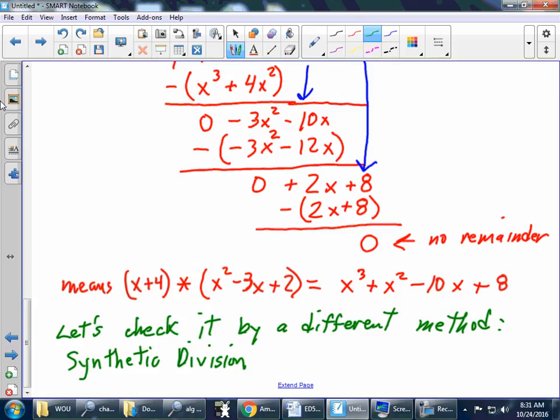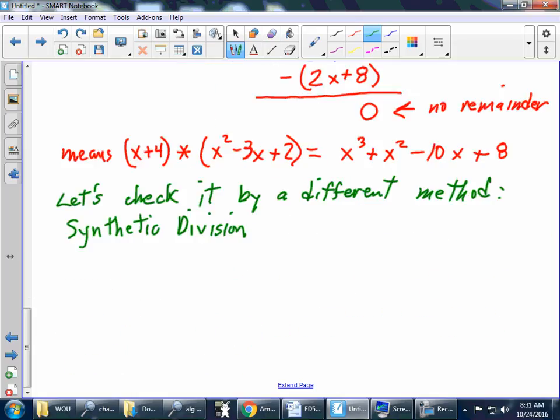Okay, so our original problem was x cubed plus x squared minus 10x plus 8, yeah? And we want to divide this by x plus 4. So far, so good? All right, synthetic division goes like this.